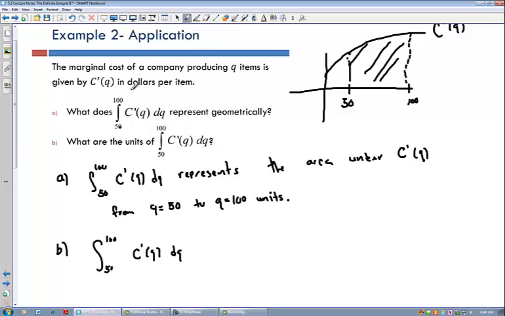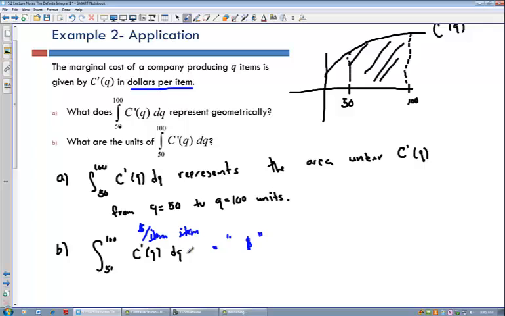C prime of Q is dollars per item, and dq is the change in the items, so this is times items. If you multiply dollars divided by items, the items cancel, and you'll be left with dollars. So this definite integral is actually giving you back a dollar thing.